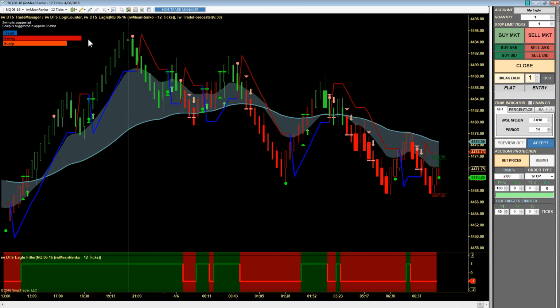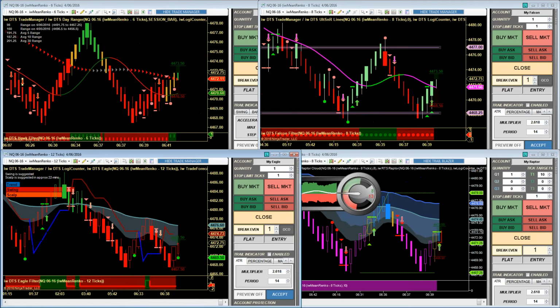So right now it says we're in swing mode, which yeah, I can see that, with scalp mode hot on the heels in about 20 minutes time. So if you were looking for a big breakout of sorts, we might not be getting it. At least not according to the Trade Forecaster.